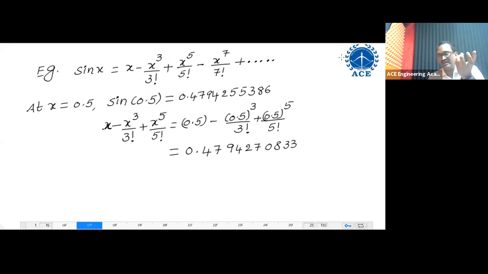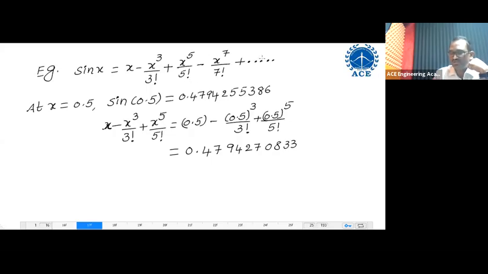That's why a little bit of error will occur, because sine of 0.5 should equal the result when you take x is equal to 0.5 in all the infinite number of terms of the series. But we just took only 3 terms of the series.